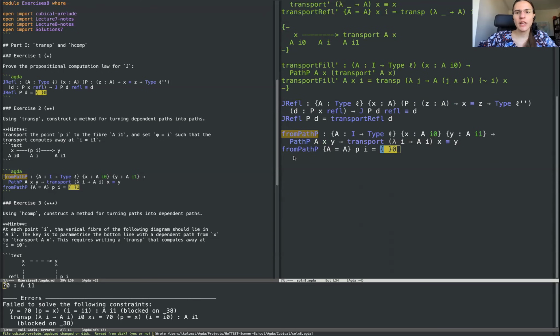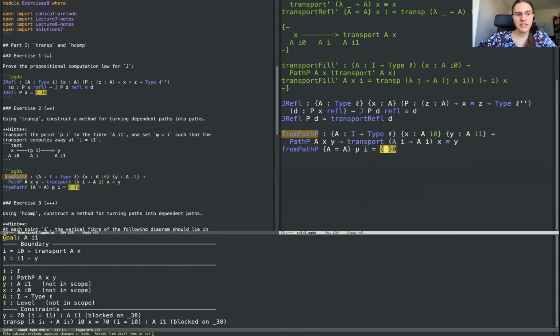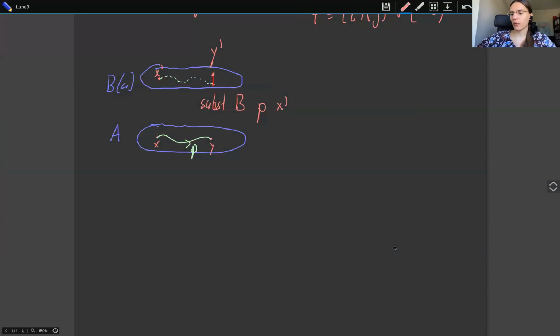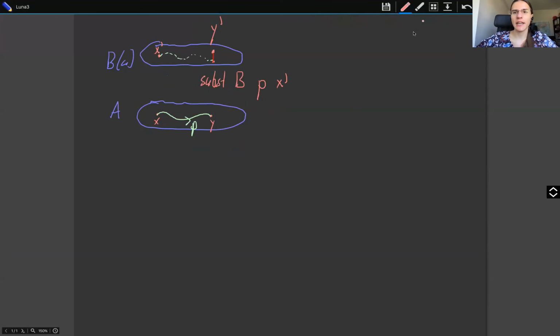What we're going to do is we want at every point just a point in A of I1. Now, the question is basically, how do I get points in A of I1? Well, one of the ways is just by transporting X all the way over here.